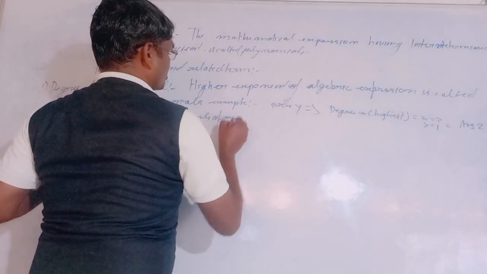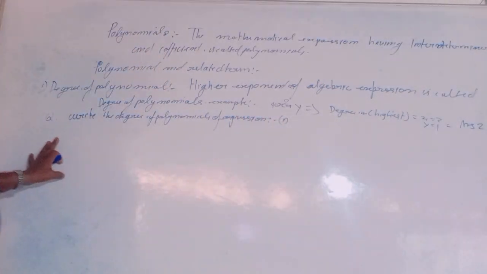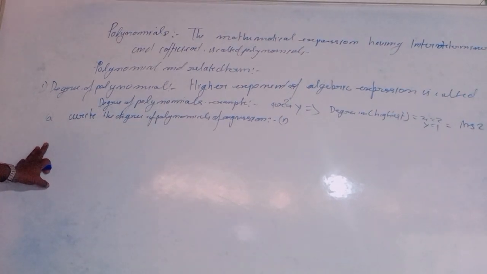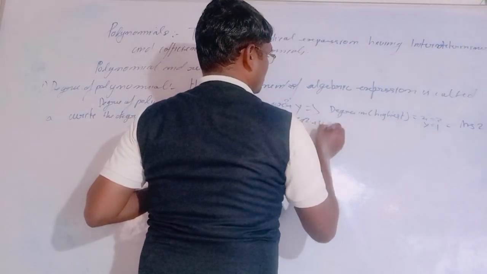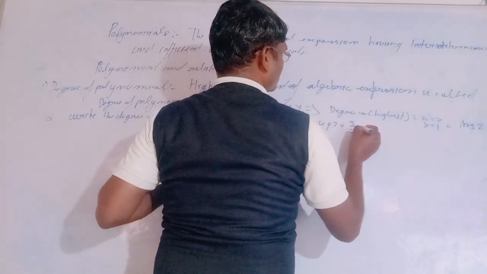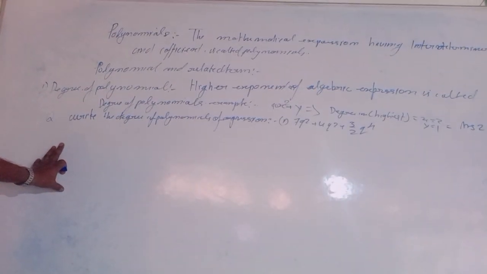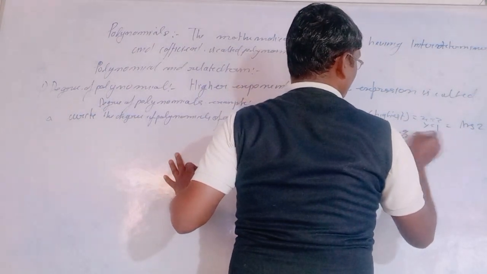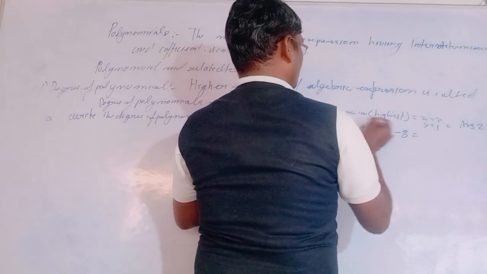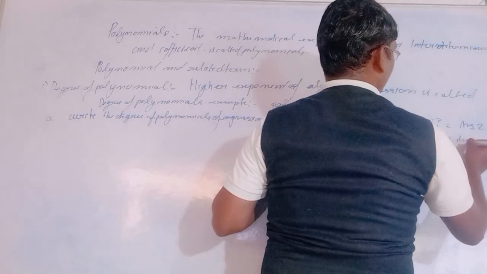The first question is given here: 7q squared plus 4q squared plus 3 by 2 q power 4 plus q minus 8. So this expression has the highest degree of q, which is 4, so the answer will be 4.